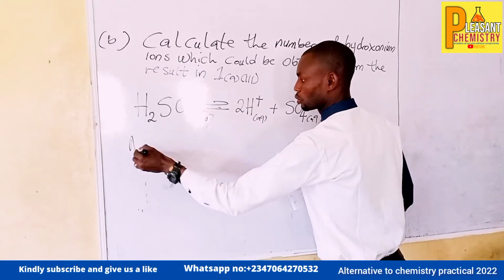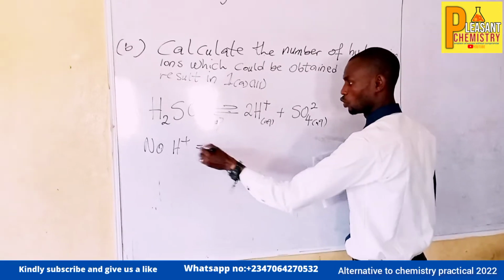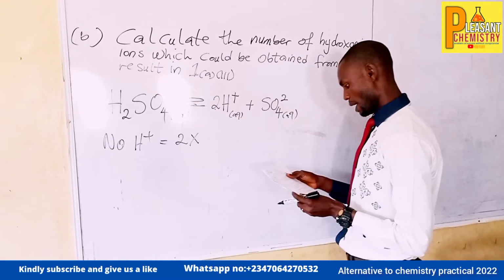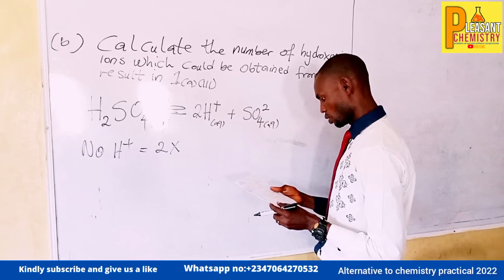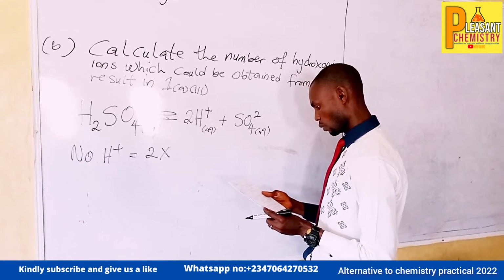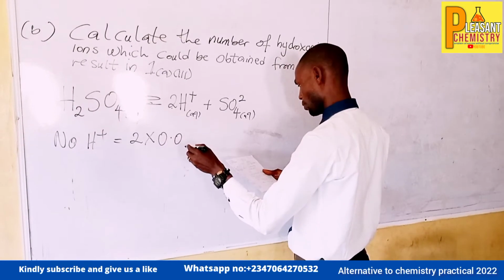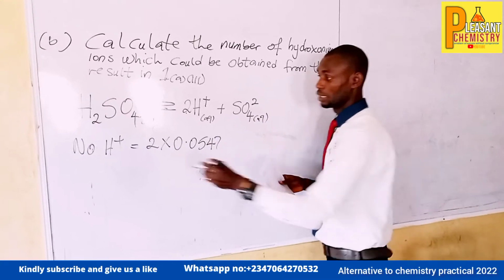So in order to calculate the number of hydrogen ion, we'll be having these two multiplied by our concentration. What was our concentration? I want to get our molar concentration was 0.0547.